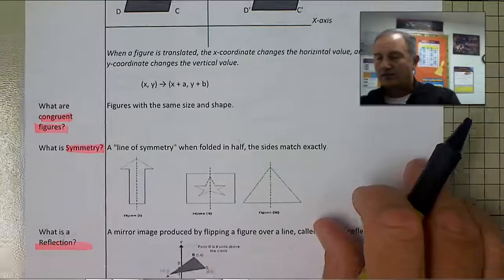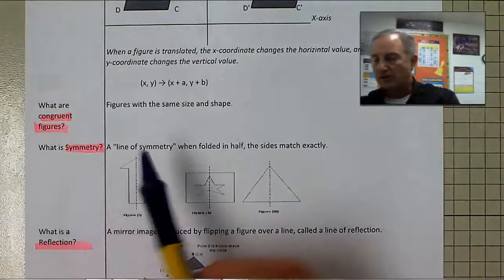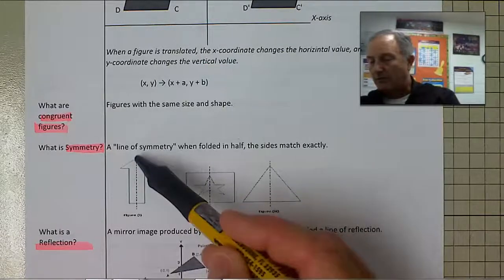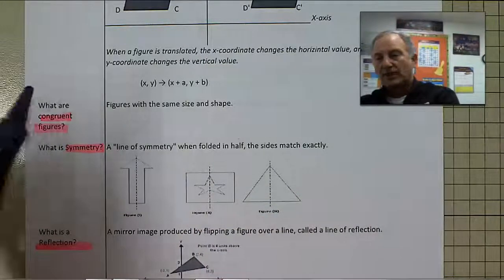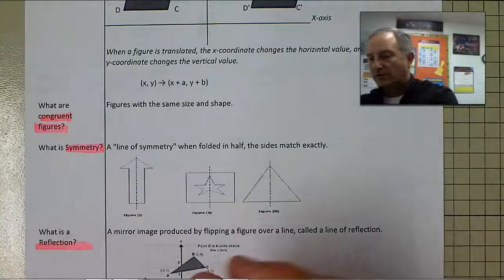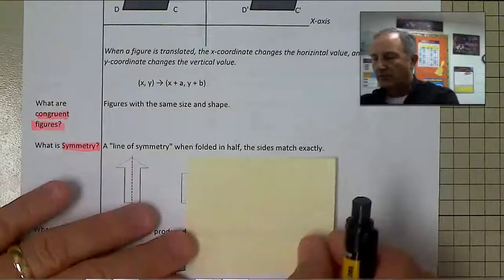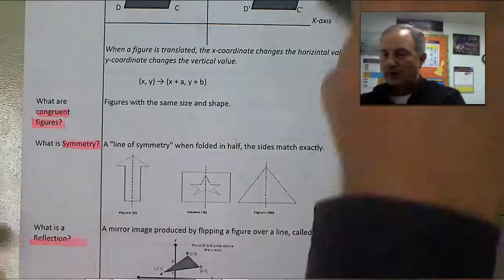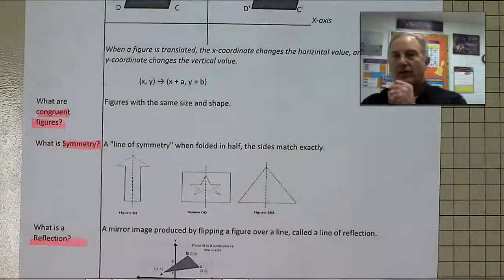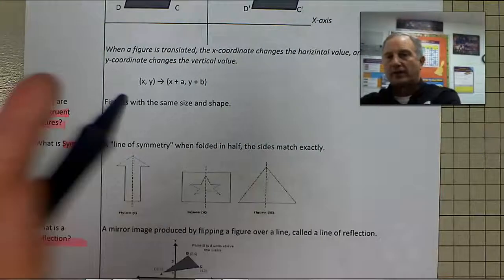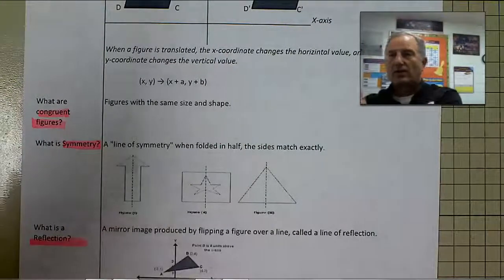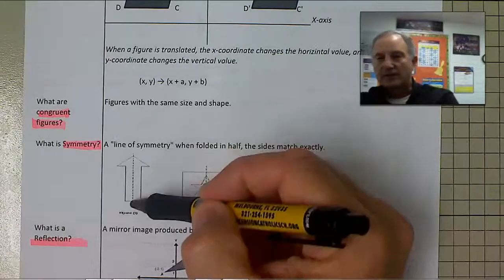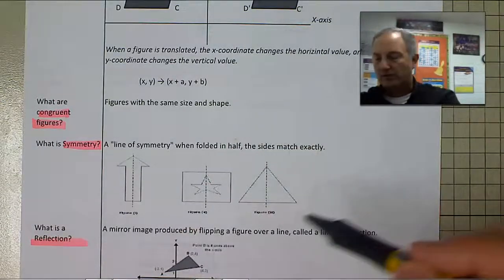What is symmetry? Symmetry is cutting something down the middle and being able to fold it on that crease and have it be equal. It'd be like taking this rectangle right here and folding it over so that it matches up perfectly. A butterfly, when he folds his wings together, matches up perfectly. That line down the center of his body, that's his axis of symmetry, okay.